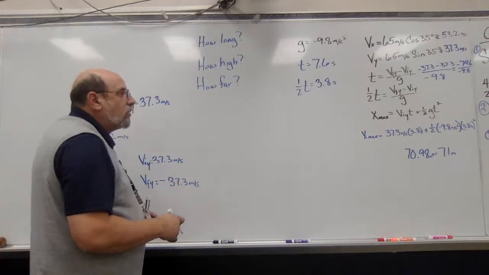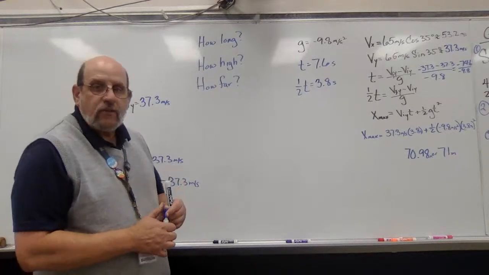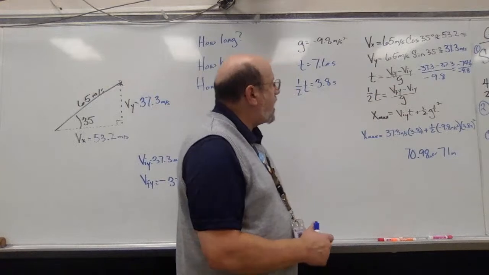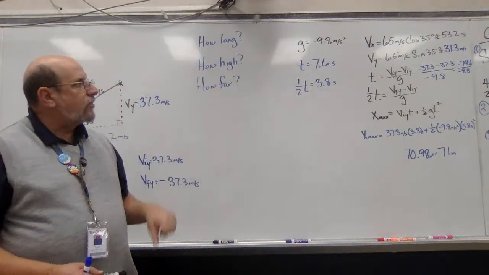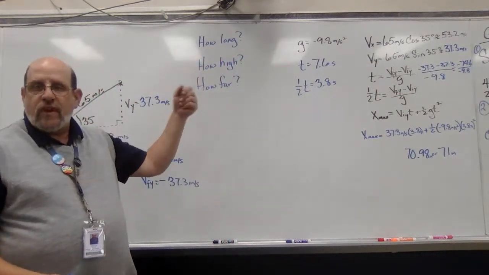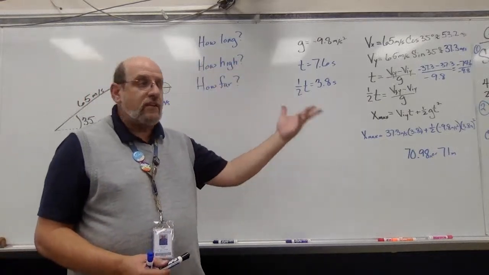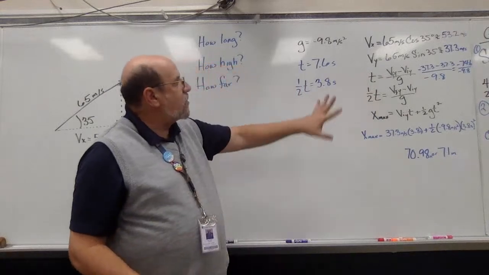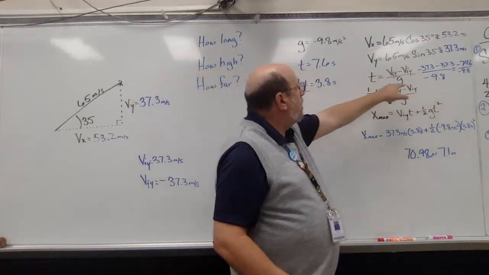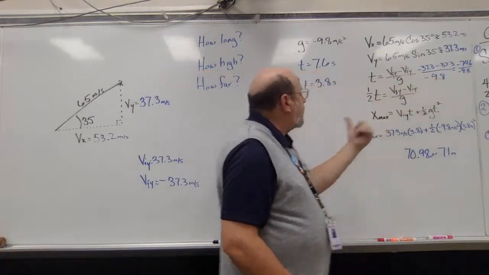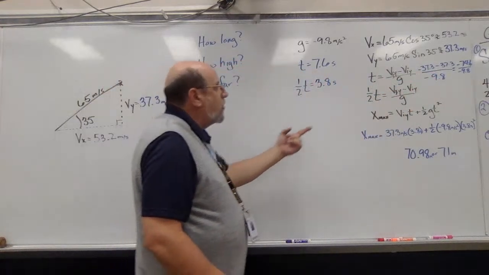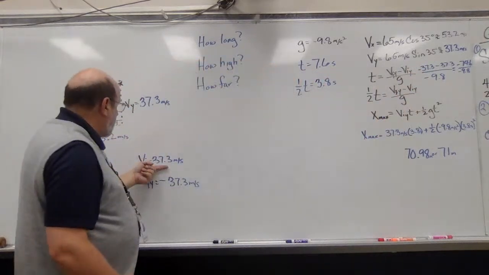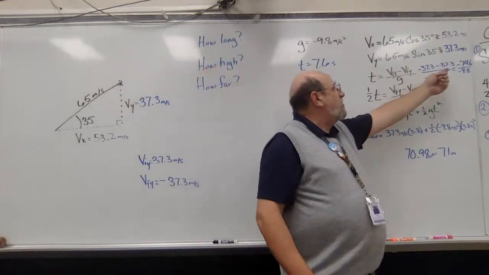Why is that important? Well, I'm going to go ahead and do the math over here. I've reconfigured that first kinematic equation to solve for time. Remember, it's VF equals VI plus AT. Well, I reconfigured it to find T, and I'm going to put everything I know in here. It's going to be the final, negative 37.3 meters a second, minus the initial, 37.3 meters a second.